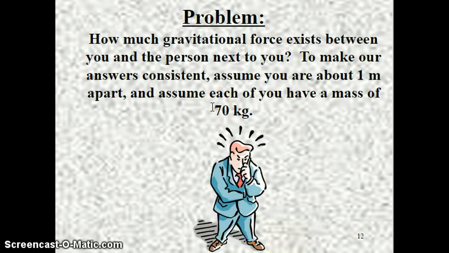So a quick little sample problem here. How much gravitational force exists between two people? We have to make some assumptions. The distance between them, we'll just say a meter apart, and assume that each person has a mass of 70 kilograms.